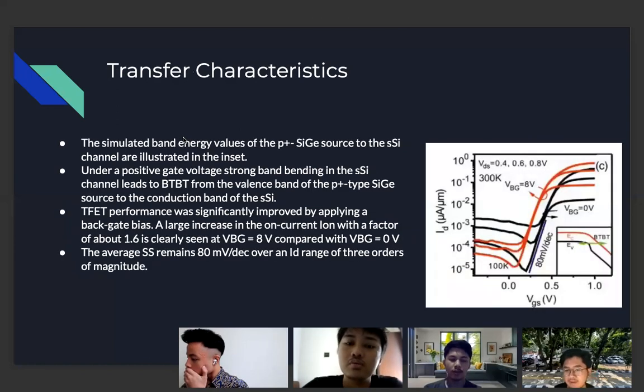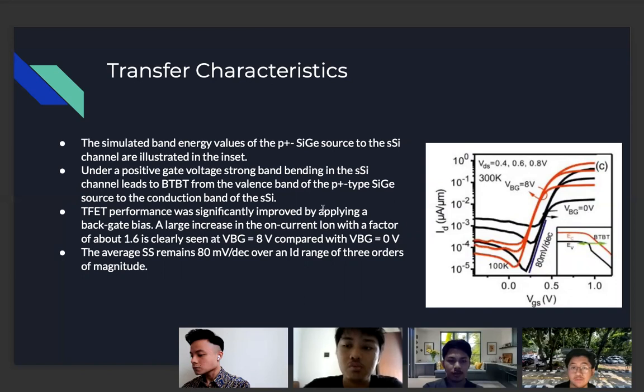Next slide. Okay. So the transfer characteristic for the simulated band energy values of the P+ silicon germanium source to the strained silicon channel are illustrated in the inset. Under a positive gate voltage, the band bending in the strained silicon channel leads to BTBT from the valence band of the P+ type silicon germanium source to the conduction band of the strained silicon.